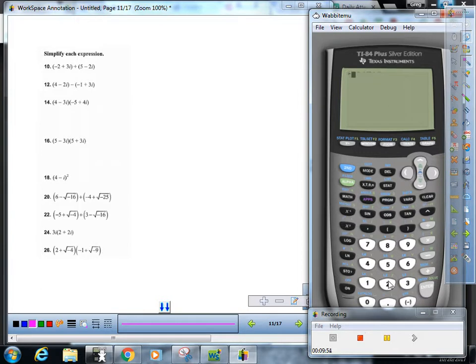Negative 2, whoops, parentheses, negative 2 plus 3, I need to hit the blue key, i, plus 5 minus 2i.